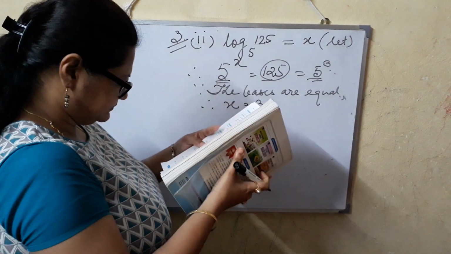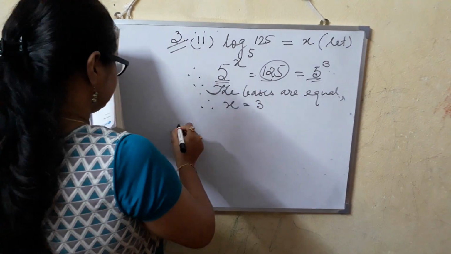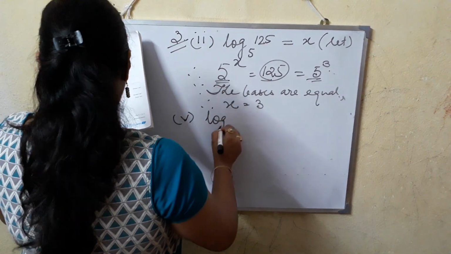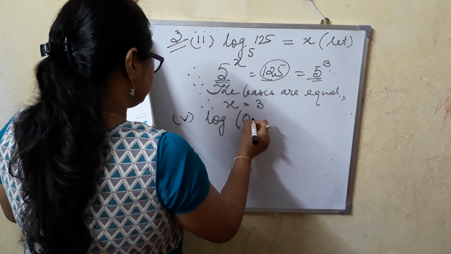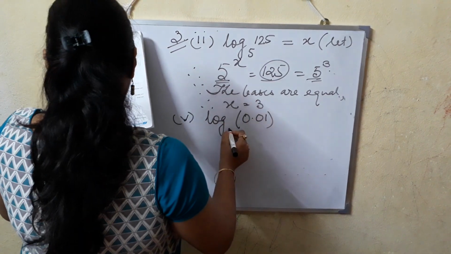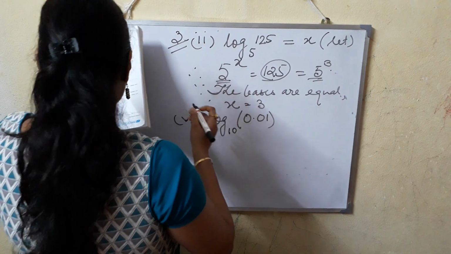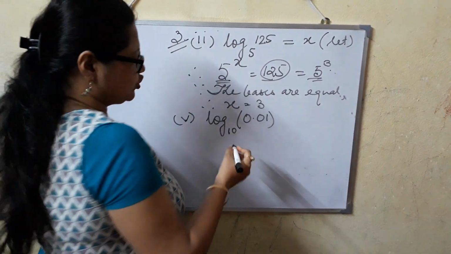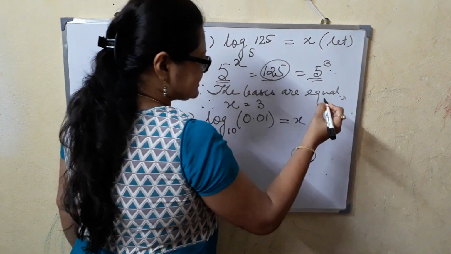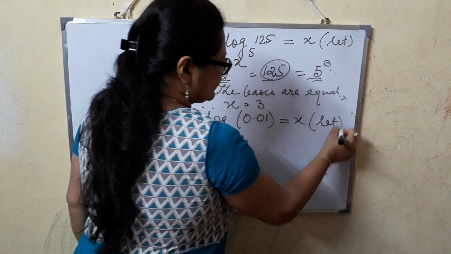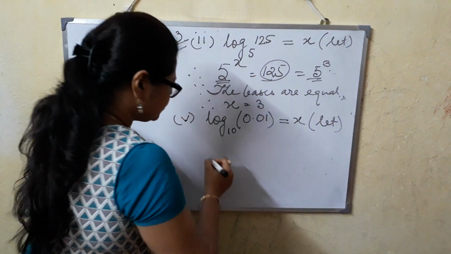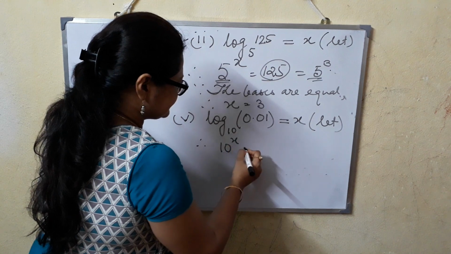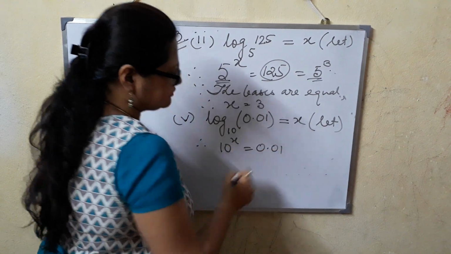Okay, simple sum. I'm doing question number 3 is number 5. Log of 0.01 to the base 10. They told you to find the value of this. So again we are considering this to be equal to x. So what can we write? Therefore 10 to the power of x is equal to 0.01.